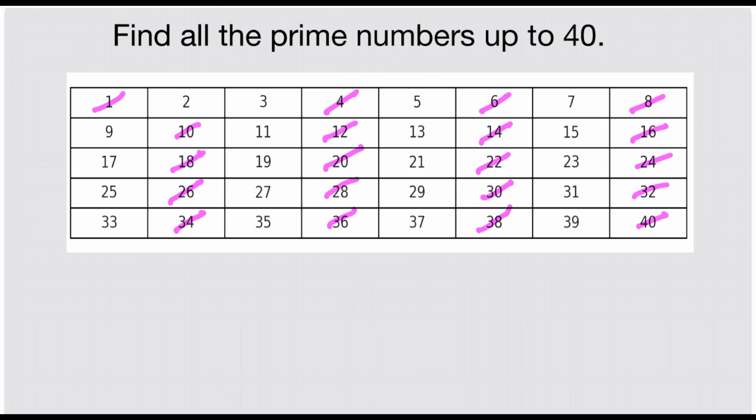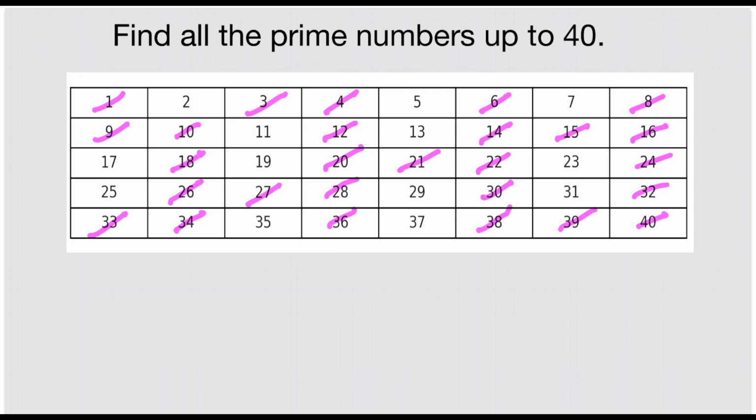All right, now let's look at all the multiples of 3. So let's see, that's going to be 3, 6, 9, 12, 15, 18's already covered, 21, and 3 times 8 is 24, already covered, 3 times 9 is 27, 3 times 10 is 30, 3 times 11 is 33, 3 times 12 is 36, 3 times 13 is 39.